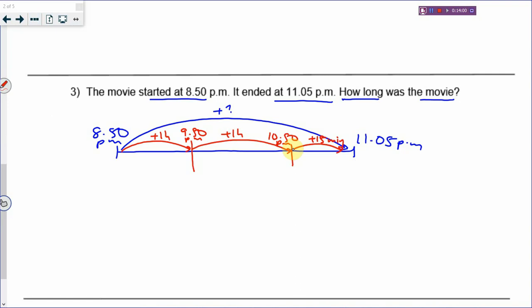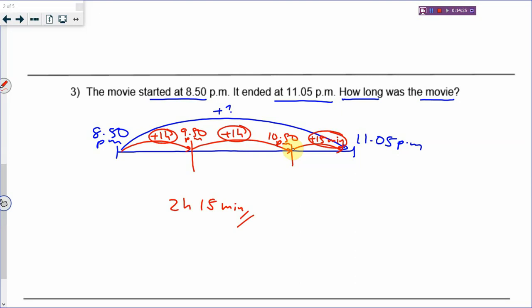When you make one big jump to get your answer, that is not quite correct. You're supposed to make small jumps to work out the answer. So how many hours and how many minutes? So 1 hour, 2 hours, and 15 minutes. So the duration is 2 hours and 15 minutes. That is how long the movie lasted.